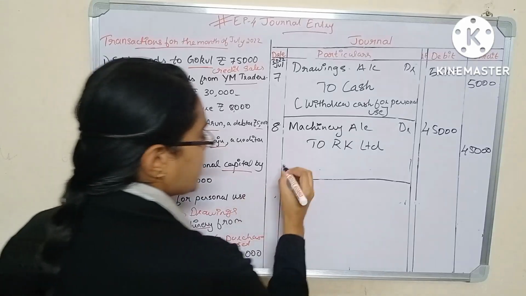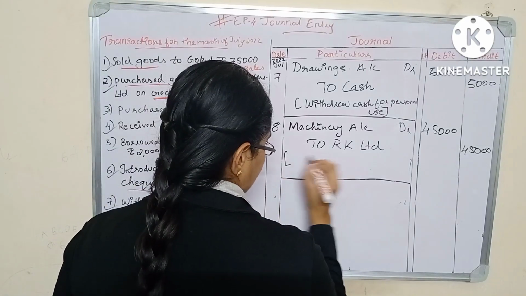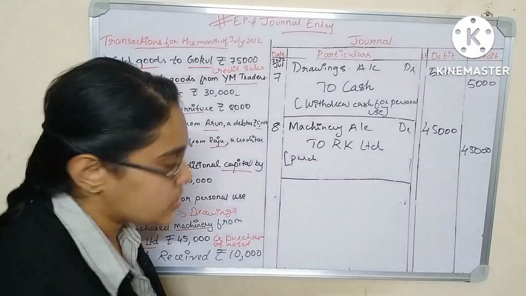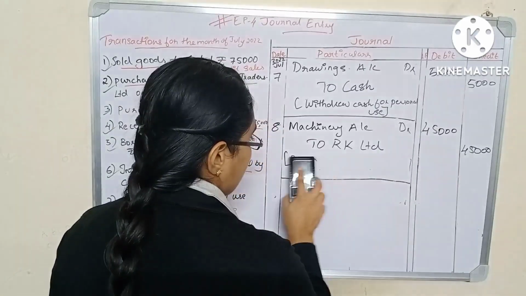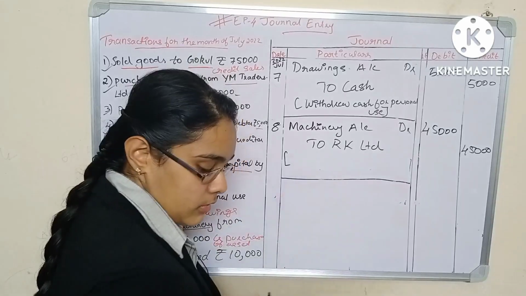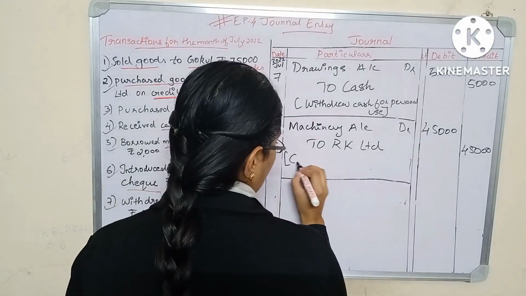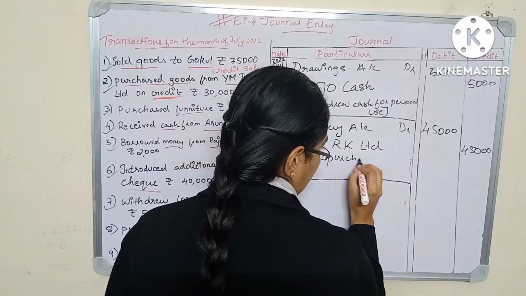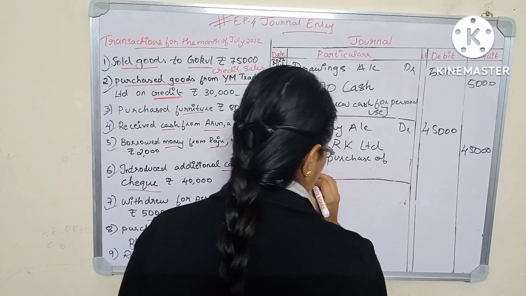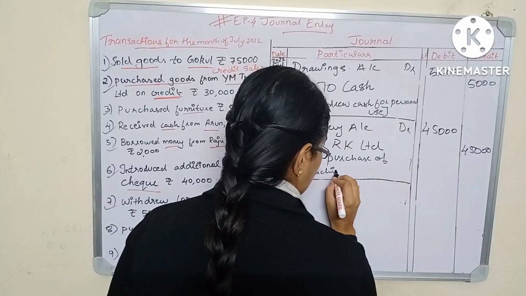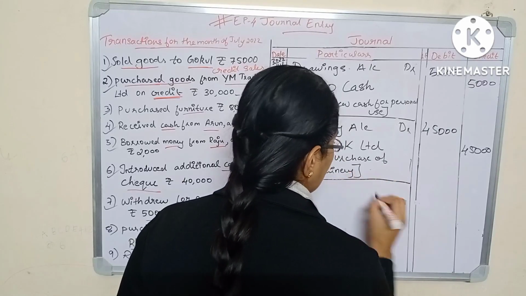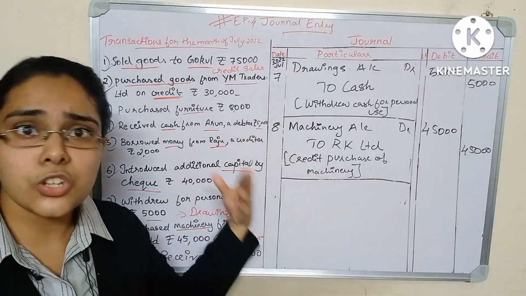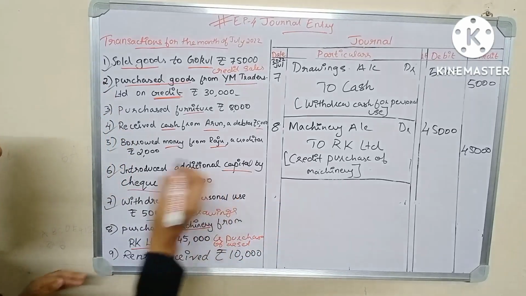And what will be the narration? You can write credit purchase of machinery. It's not necessary to write the narration like this itself. You can write it in your own words. Okay, so that is that.